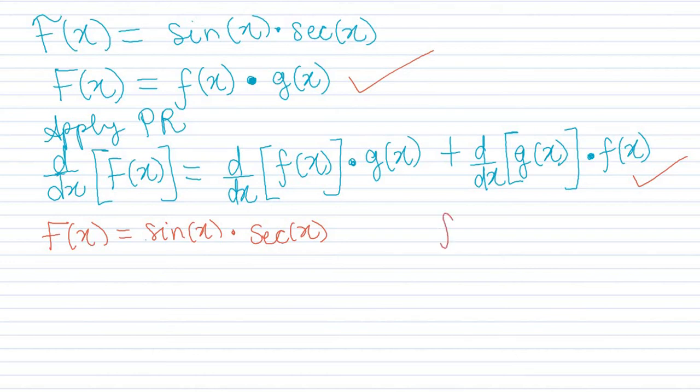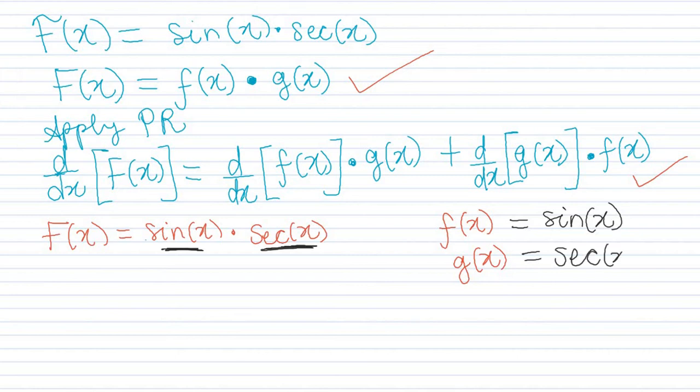For this question, f of x is the first subfunction, which is sin x. The second subfunction is g of x, and g of x is secant x. Now that we've identified that, let's start solving.